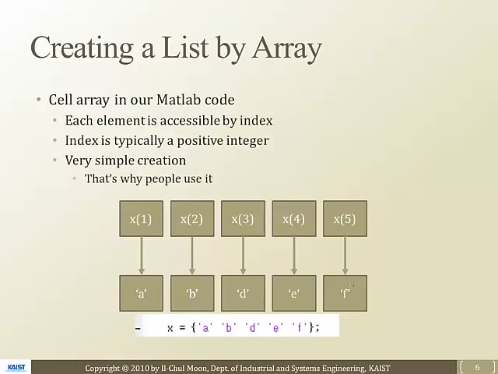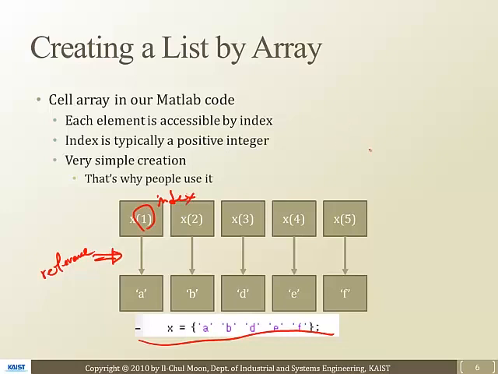So what's the problem of this array? This is a perfect set array, right? It's A, B, D, E, F. We don't have C at this moment. So we can reference, we can point. Remember that I called it reference here. We have x1, A, x2, B, x3, D, x4, E, x5, F, right? It's a typical set array in our MATLAB code, and each element is accessible by index. So this is called index.